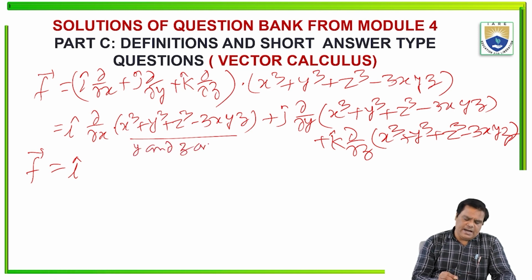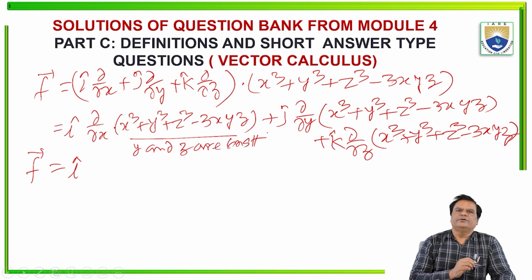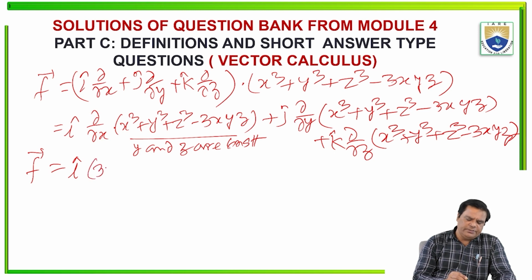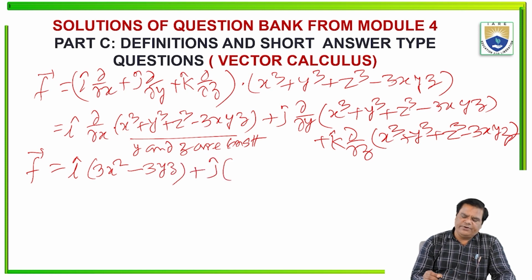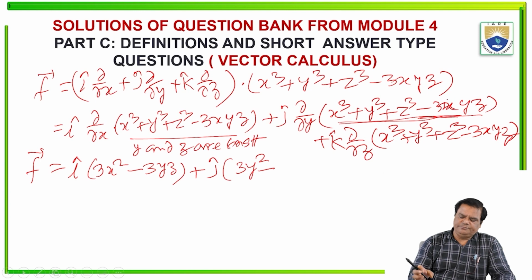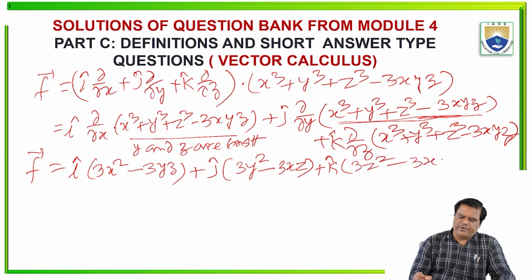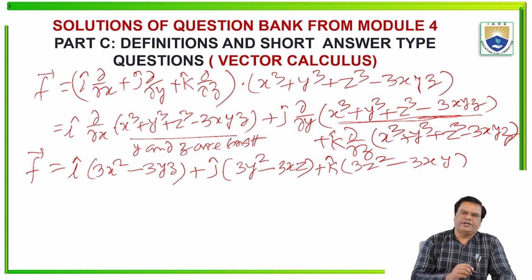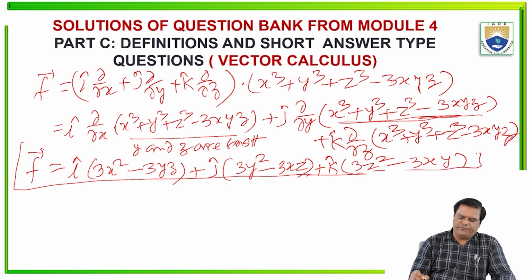So differentiating with respect to x we get 3x square minus 3yz, plus j, differentiating with respect to y, we get 3y square minus 3xz, since y is 1, and plus k, differentiating with respect to z, x and y are constant, so 3z square minus 3xy. Okay, this is vector point function f.